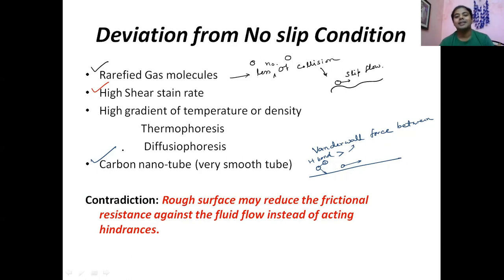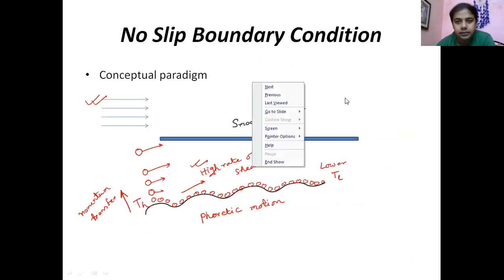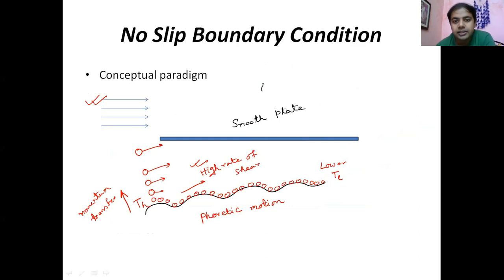One prejudice is there: a rough surface can also reduce the frictional resistance. That means if the surface is not smooth enough, too much roughness is there in the surface.